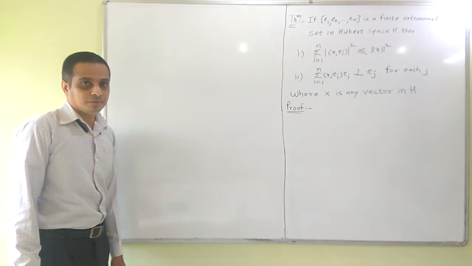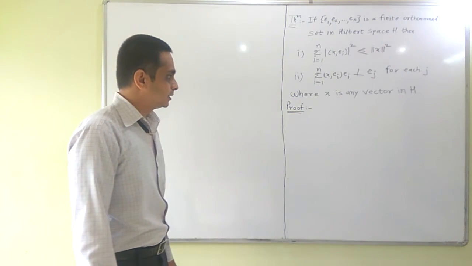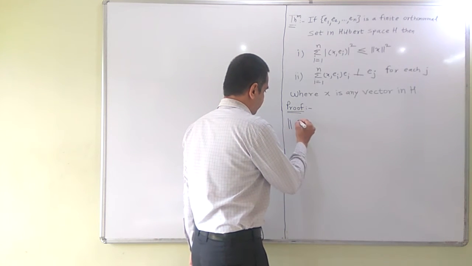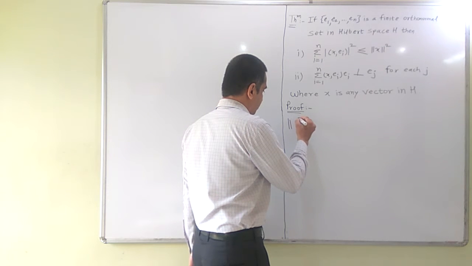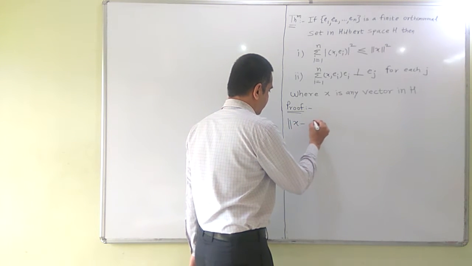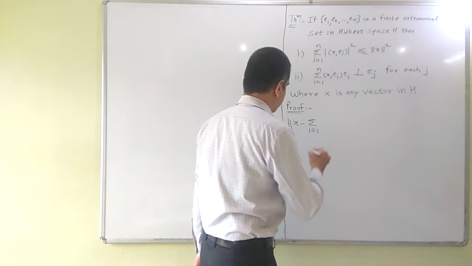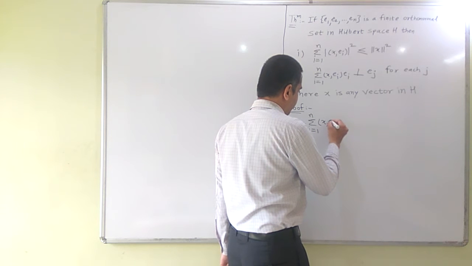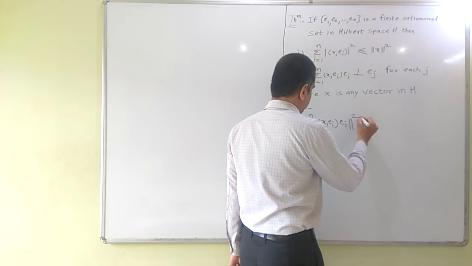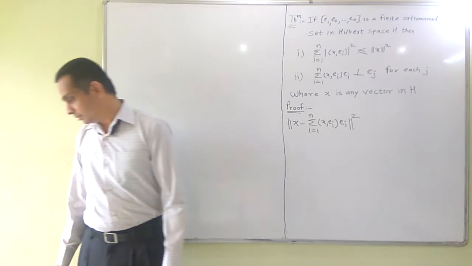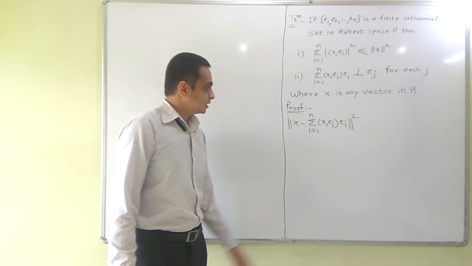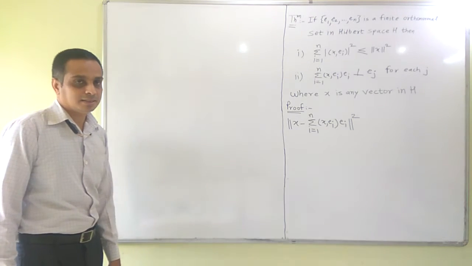In order to prove the first result, we are going to consider an expression: the norm of the vector x minus the sum from i equals 1 to n of inner product x, ei times ei, squared.